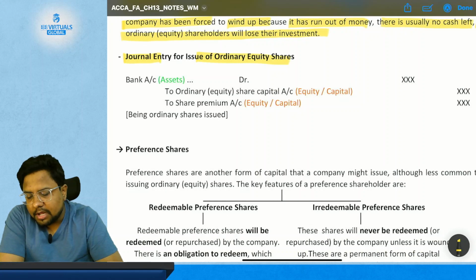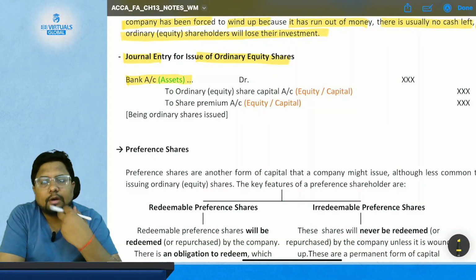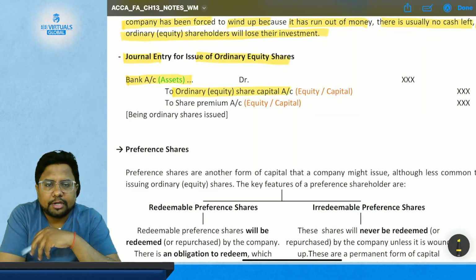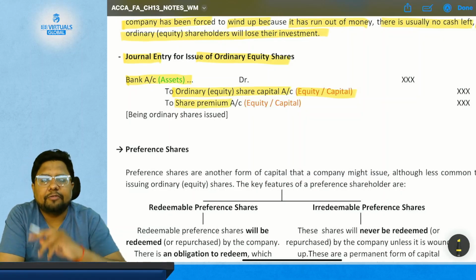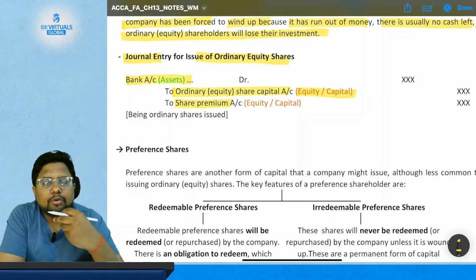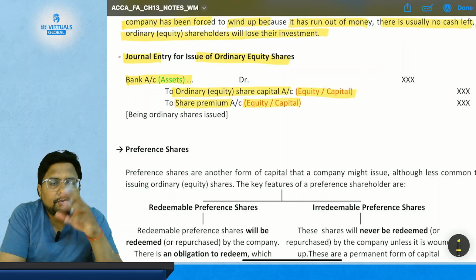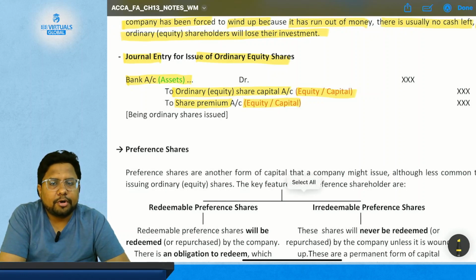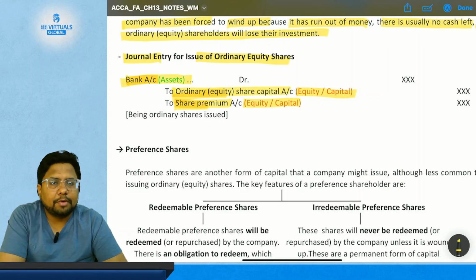The journal entry will be bank account debited, because you are getting the money against the issue of shares, to ordinary equity share capital, which will be classified as equity or capital, and to share premium account, which is the difference between the issue price and the nominal price, or face value, and will also be disclosed under the head of equity or capital. So this is the journal entry for the issue of ordinary equity share: bank account debited to ordinary equity share capital and to share premium account.